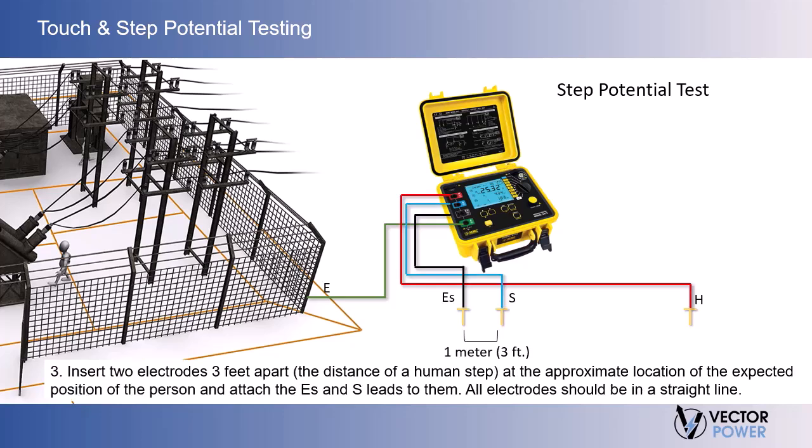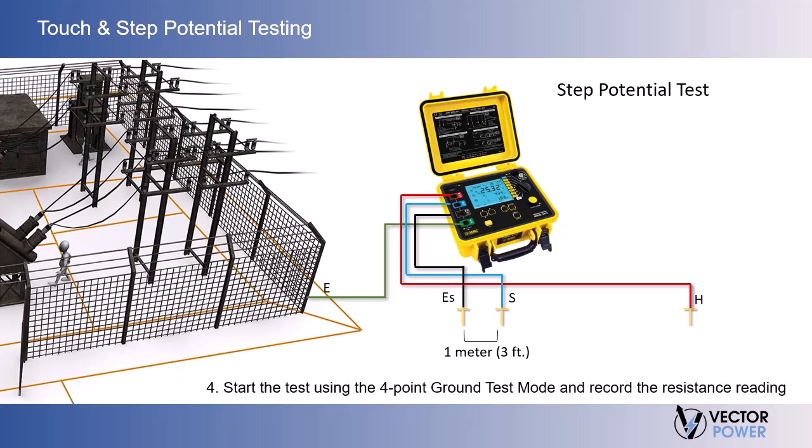Third, insert 2 electrodes 3 feet apart, the distance of a human step, at the approximate location of the expected position of the person and attach the ES and S leads to them. All electrodes should be in a straight line. Start the test using the 4-point ground test mode and record the resistance reading.